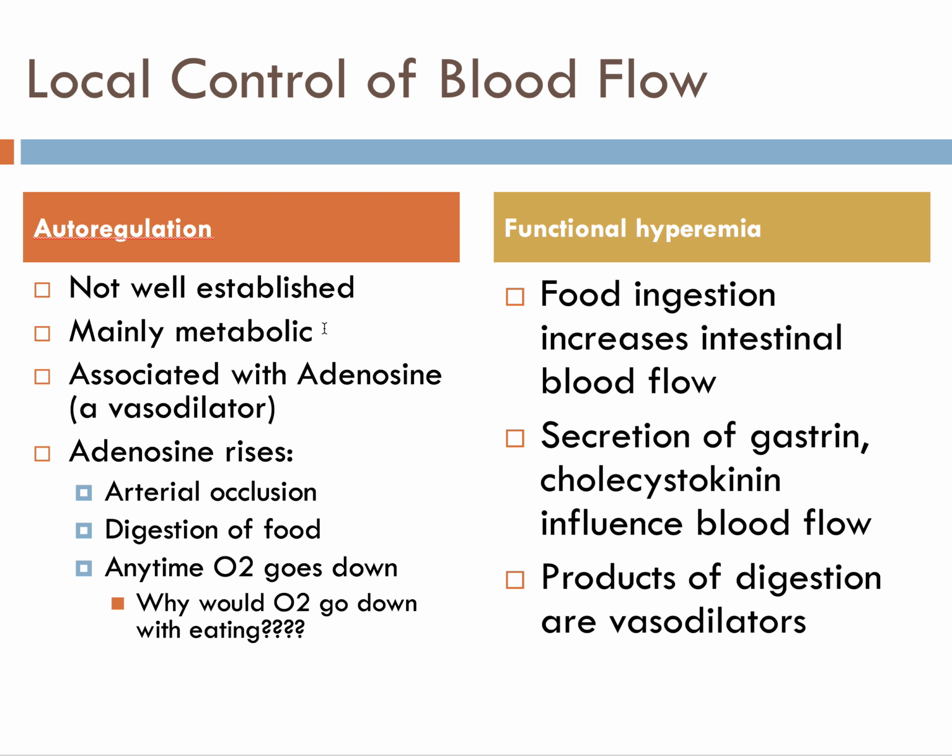CCK is the gallbladder secretory product, which is going to encourage the gallbladder to contract and empty into the duodenum. Both gastrin and CCK influence the blood flow because when gastrin is being released, it means that the stomach is active. When CCK is being released, it means that the stomach is turning off, and we're now focusing on what's in the small intestine.